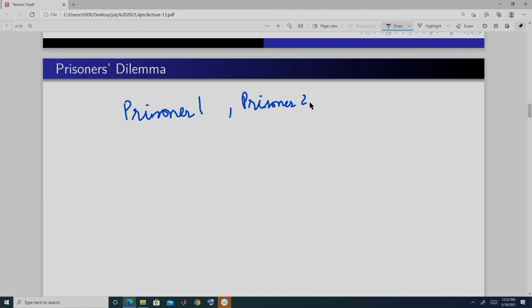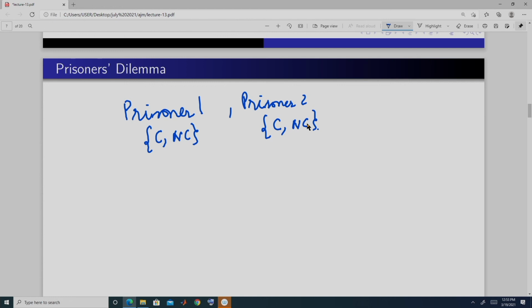They have committed some crime. Each one can either confess, C, or not confess. So, it has two possible actions. Similarly, prisoner 2 has two possible actions, either confess or not confess.